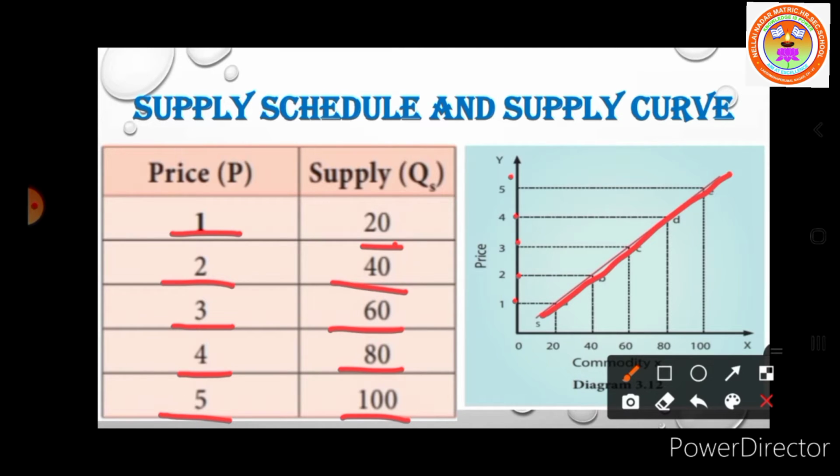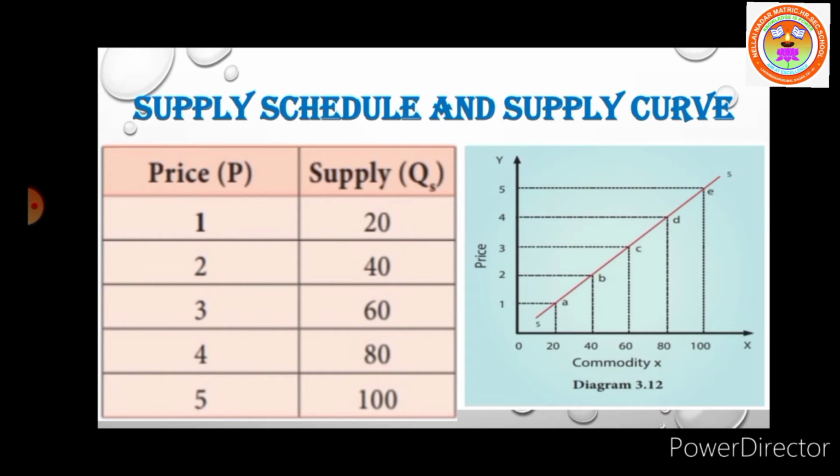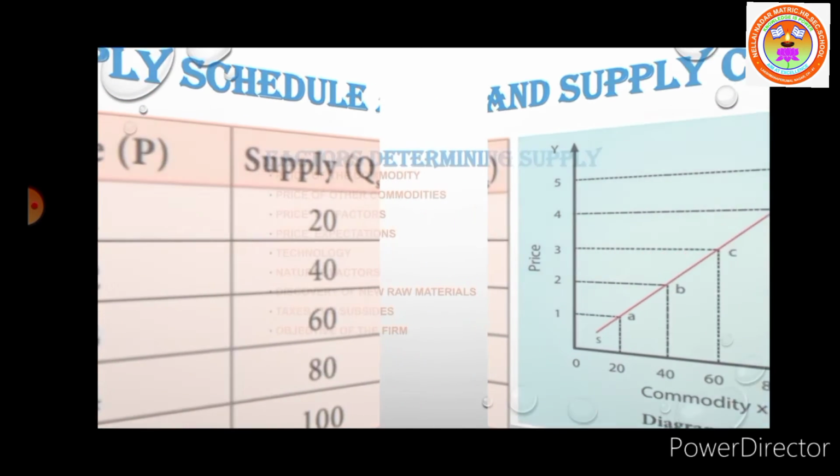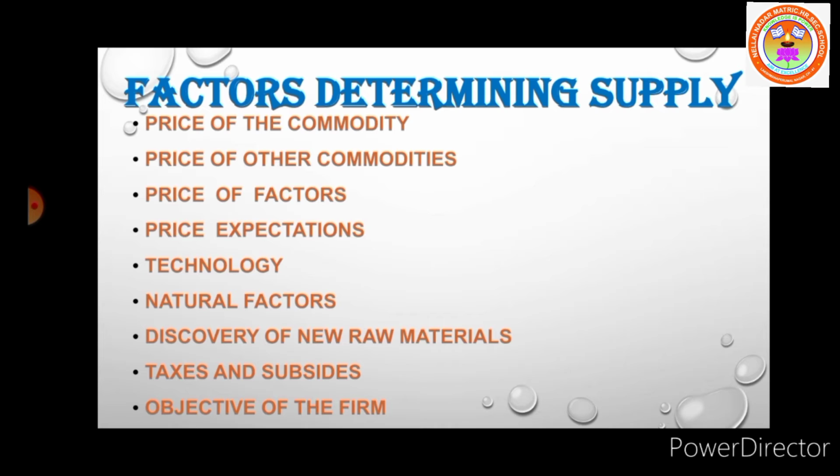The quantity supplied is represented on the x-axis and the price of the commodity on the y-axis. The points A, B, C, D, E on the supply curve S represent the various quantities at different prices.